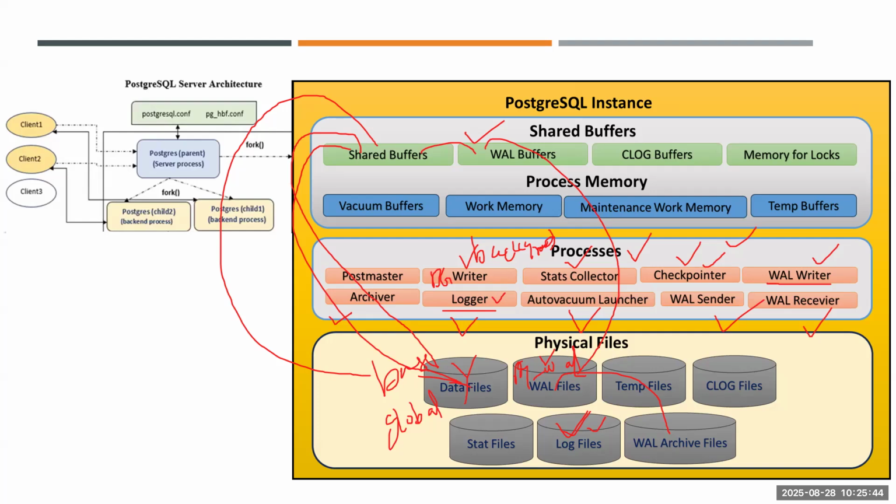That collection is made by the stats collector. Statistics play a major role, because whenever the optimizer is preparing the plan, it prepares the plan based on the statistics. Where does it get that information? There is a directory called stat files. In the background, your stats collector is continuously running, collecting the statistics and updating the information to the stat files.